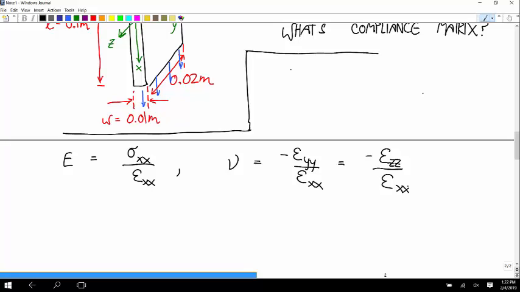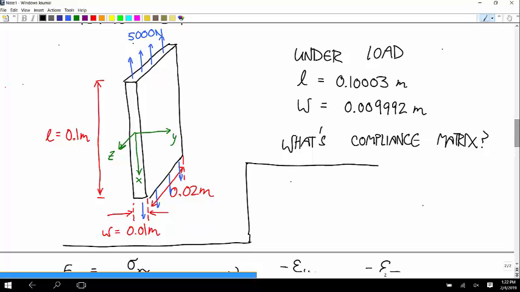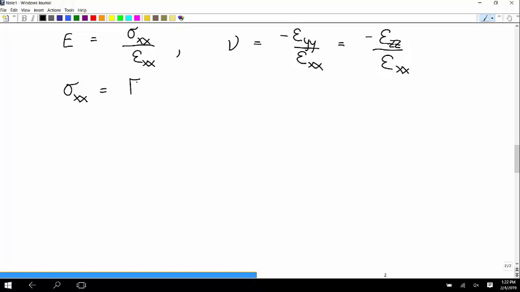All right, so what do we need? We need sigma XX, we need EXX, and we need EYY or EZZ. So first, let's calculate sigma XX. This is just going to be the force divided by the area.